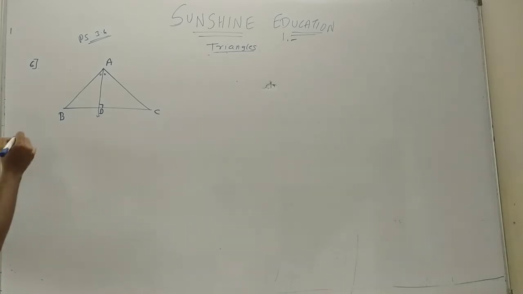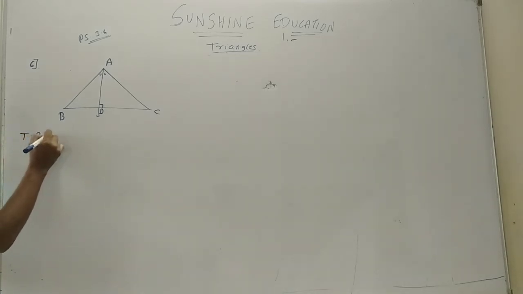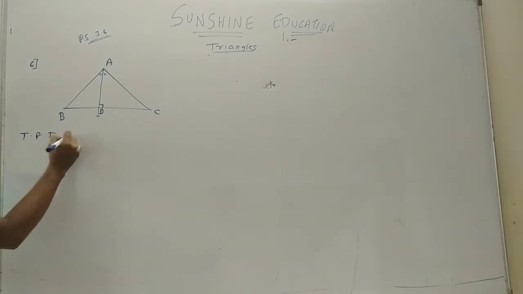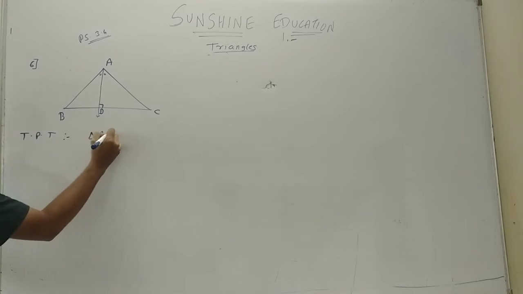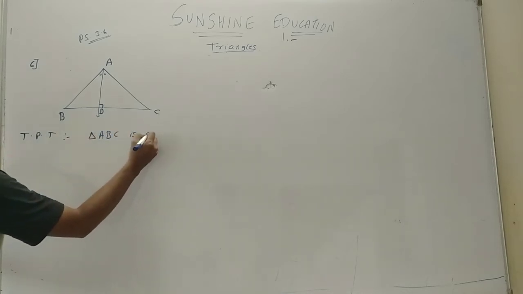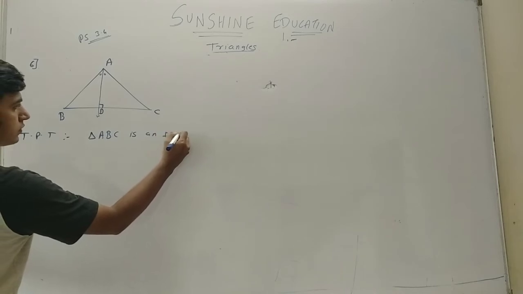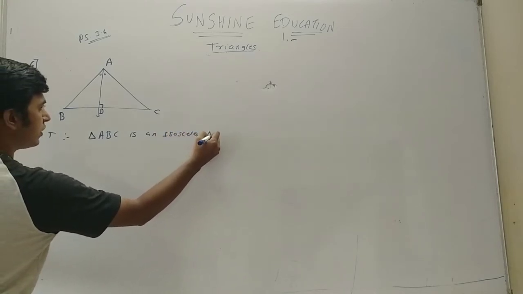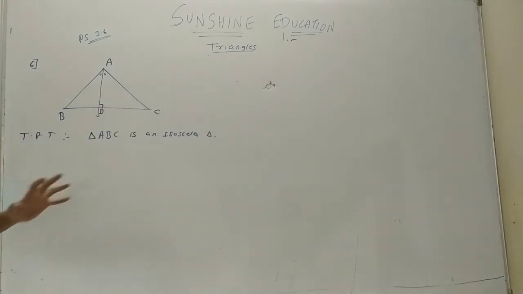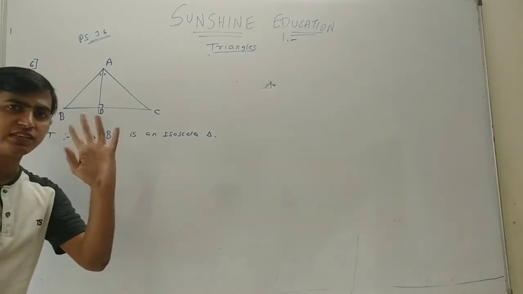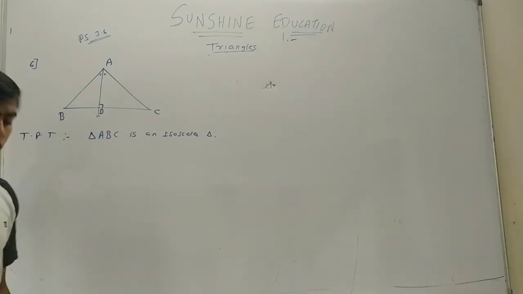Means we need to prove that triangle ABC is an isosceles triangle. What do you mean by isosceles triangle? When two sides of the triangle are equal, we can say that it is an isosceles triangle.